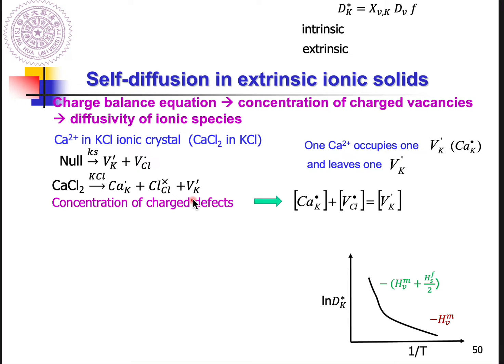In order to reach charge neutrality, all the positive charge should equal all the negative charge. We have positive charge from the calcium at the potassium site, and also the vacancy at the chloride site with 1 positive charge. The negative one, the only one we have, is the vacancy at the potassium site with 1 negative charge.